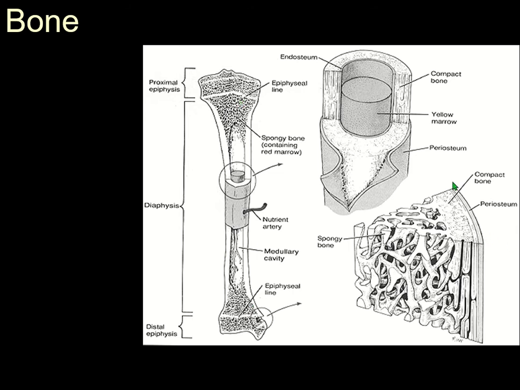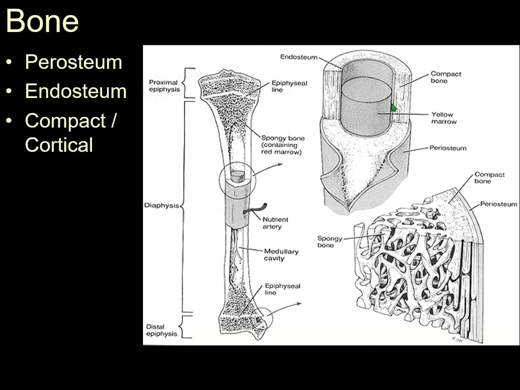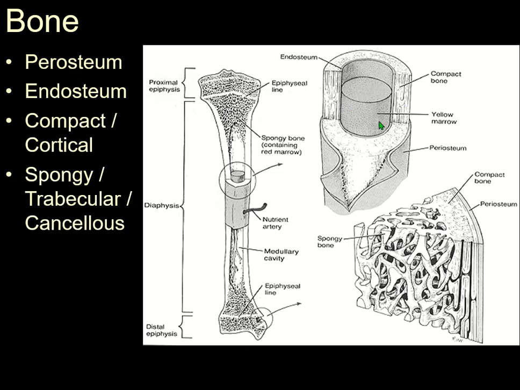You have the periosteum and the endosteum. There you go, periosteum. Actually, that's not how you spell periosteum. Never mind. Compact or cortical bone, and the spongy or trabecular or cancellous bone. Let's just call it spongy.